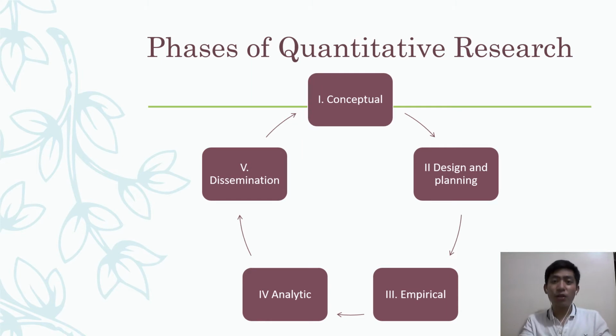Phases of quantitative research. We have the conceptual phase, wherein one of the hardest steps you'll take as a researcher, because it needs vast readings, you should have that mindset of don't give up, because this is where you will come up with a research problem, your objectives, and the significance of your study.